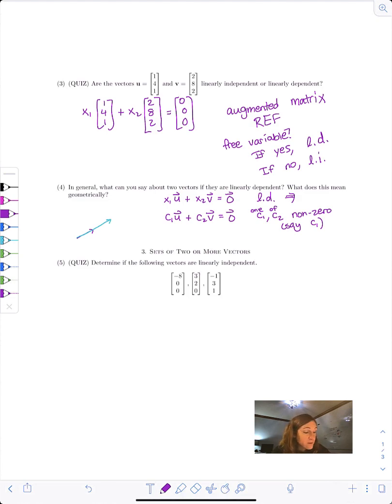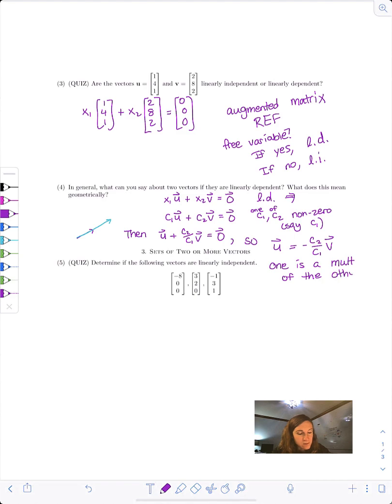Well, that means we can divide by it. So if we divide by c1, we get u plus c2 over c1 times v equals 0. And we can actually just subtract that second term from both sides, so we get u equals negative c2 over c1 times v. And so what we have then is one of these vectors is a multiple of the other. And so, in other words, they lie along the same line.